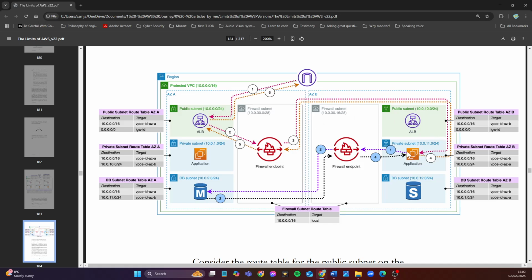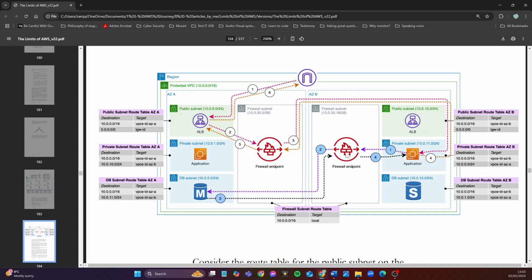And similarly, when this application here in this 10.0.11.0 subnet, the application layer subnet, initiates a request, we go to the firewall endpoint which is in the availability zone that we're in. We keep the traffic within availability zone B, because this private subnet with the application resources in, the code on the EC2 instances or whatever, is already in availability zone B, so we use the firewall endpoint here.